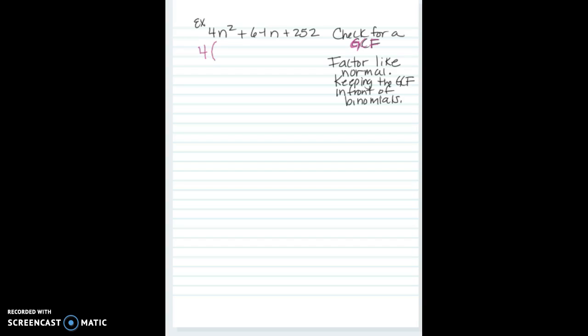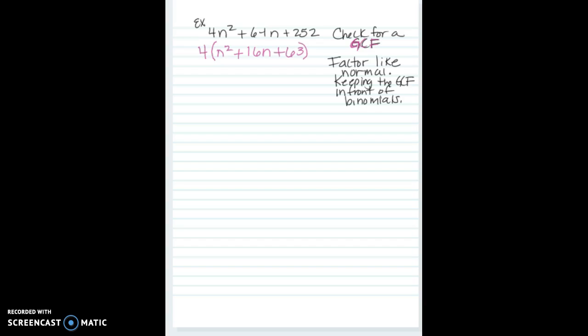We are undoing the distributive property. 4n squared factoring out a 4 gives us n squared. 64n factoring out a 4 gives us 16n. And 252 factoring out a 4 gives us 63.